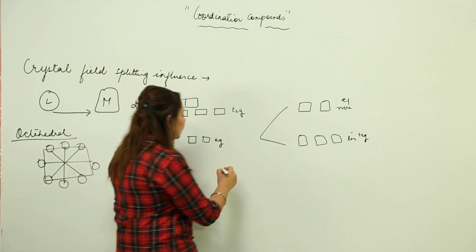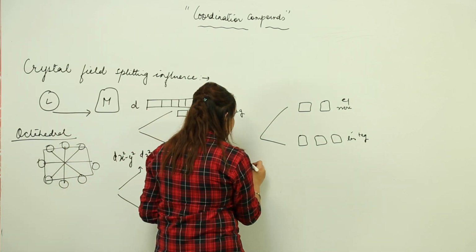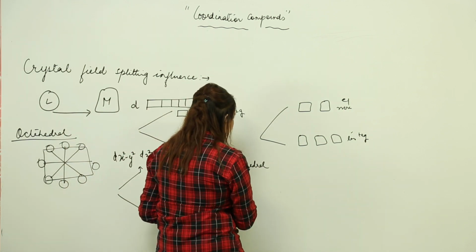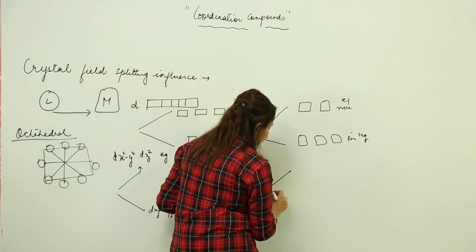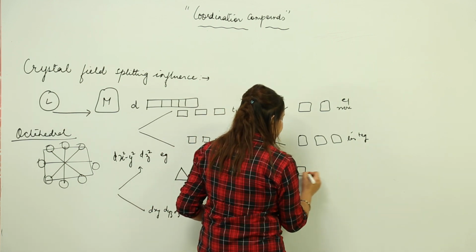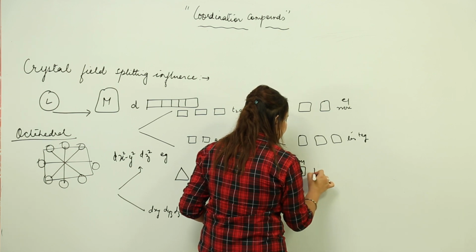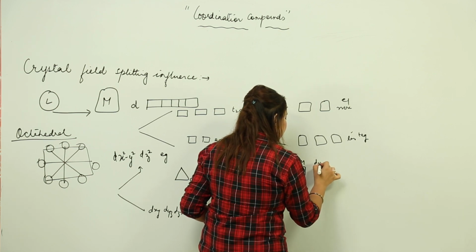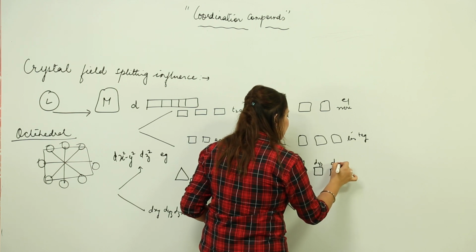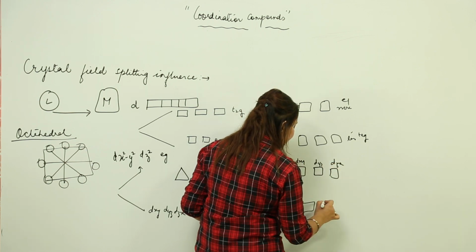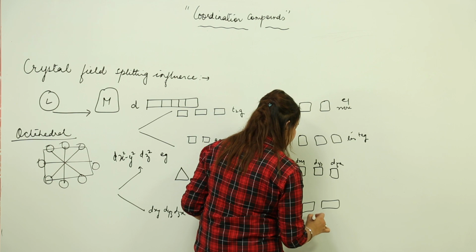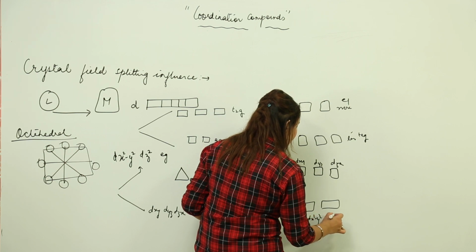Now if we talk about tetrahedral, for tetrahedral shapes, you know that the energy of T2g, that is dxy, dyz, dzx, is more, depending upon the side from where the ligand enters, as compared to the energy of dx square minus y square and dz square.